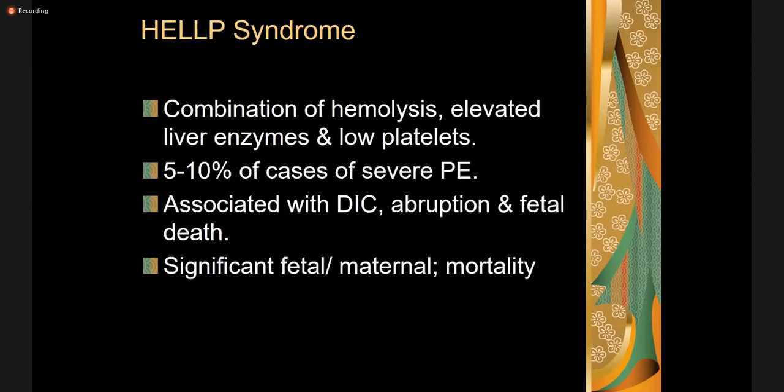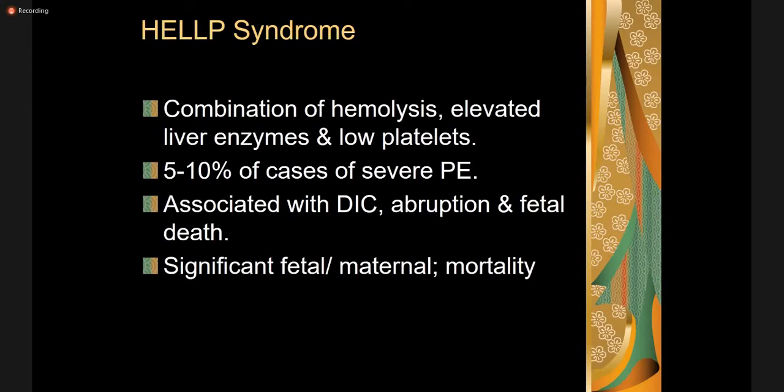HELLP syndrome occurs in 5 to 10% of cases of severe preeclampsia, and it is a combination of H for hemolysis, EL for elevated liver enzymes, and LP for low platelet count. So when you send the investigations of these patients, you find that LDH is raised, the liver enzymes are disturbed, the platelets are low, along with the high blood pressure.